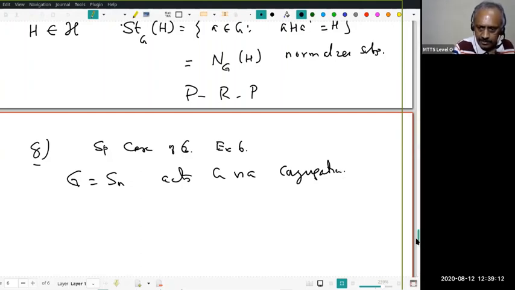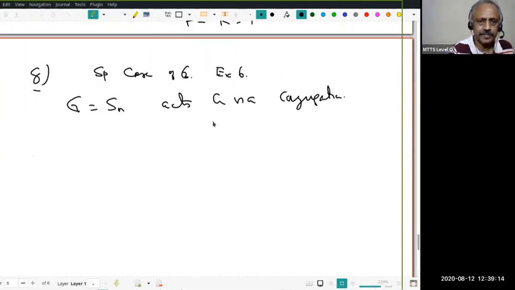This requires your knowledge about the symmetric group. If you are uncomfortable, you can skip it, but I advise you to go and read it again and understand that. Now let me take the simplest case. Let me assume n is greater than or equal to 2 so that I avoid triviality. Suppose I take (1 2), a transposition. This is an element of the group G.